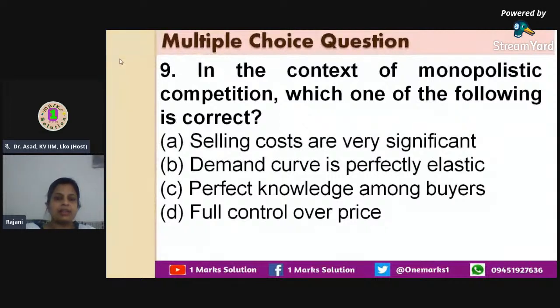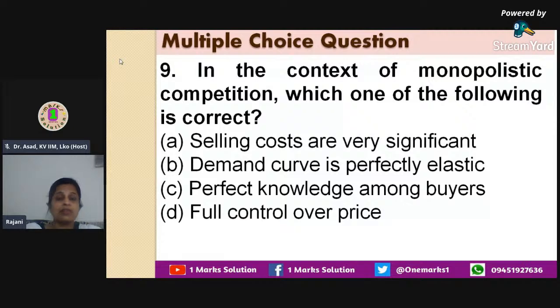Next: in the context of monopolistic competition, which one of the following is correct? We already discussed monopolistic competition. Option A: selling costs are very significant and the demand curve is perfectly elastic. That is not a correct option. Perfect knowledge among buyers is also not correct; there is no perfect knowledge regarding the market, and each and everyone can manipulate the market.